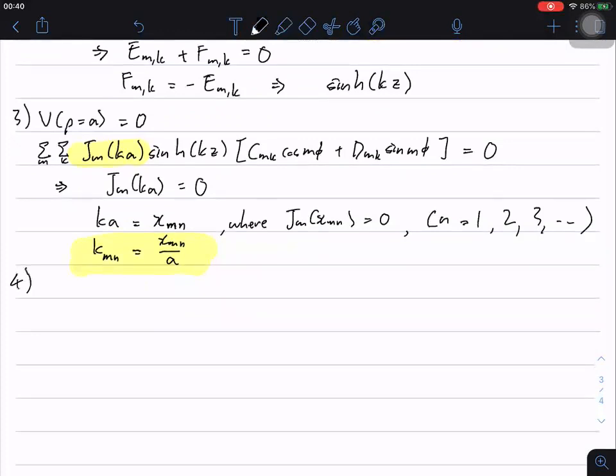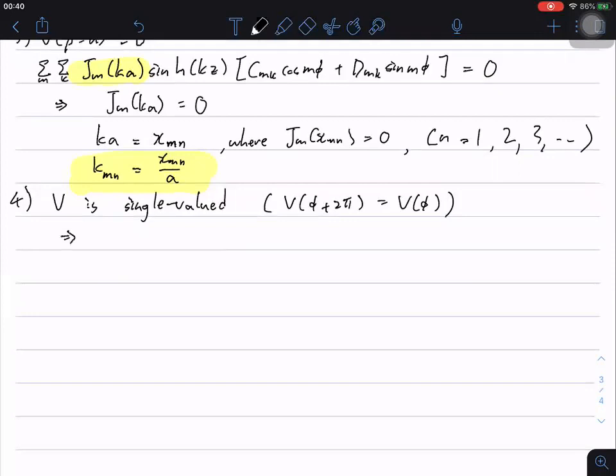Okay, also we know that the potential must be single valued. So when you go the full circle, 2 pi, and come back to the original phi, it must equal itself. That means that m must also be a positive integer, because we are dealing with sine m phi and cosine m phi there.